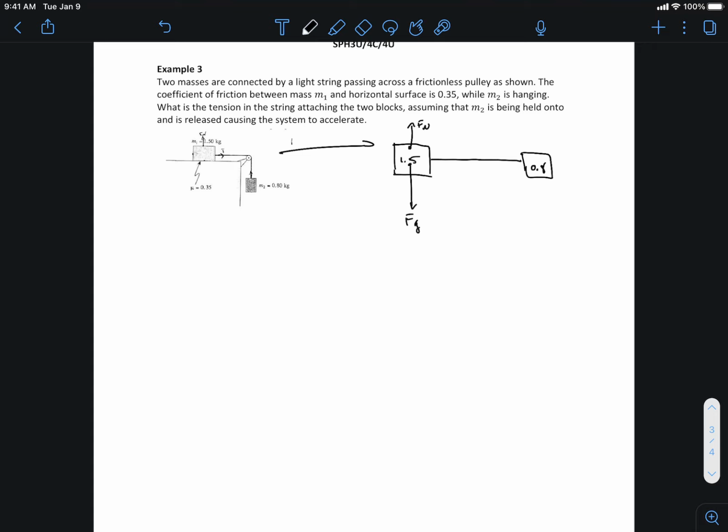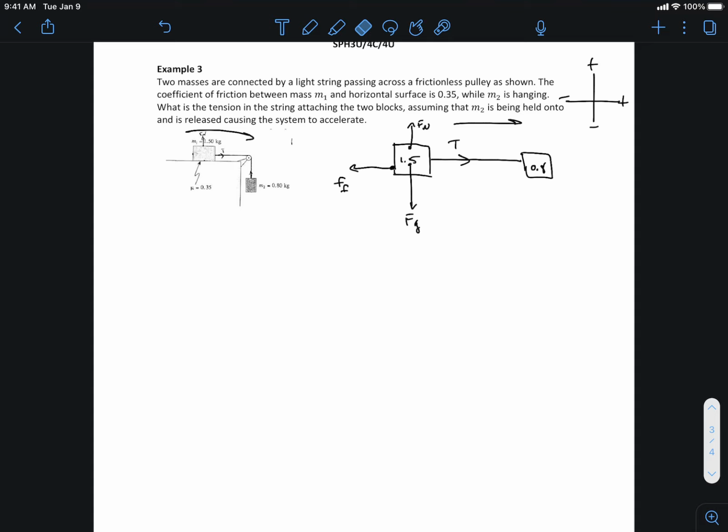As soon as this thing gets released, it's going to have motion in this direction, so there's going to be a friction force backwards, and then you're going to have tension this way. Keep in mind when you label your axes, it's positive, positive, negative, negative, like usual. I just like drawing that for everyone's reference.